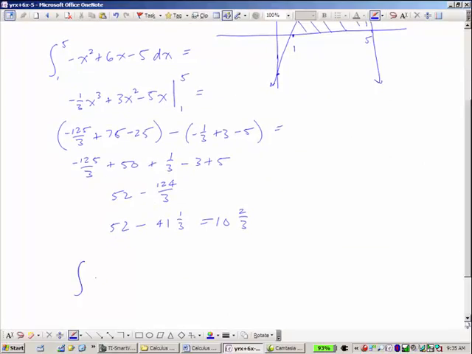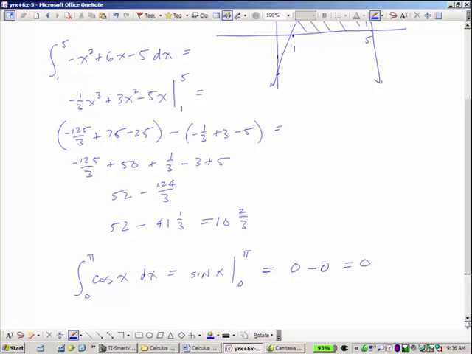If I were to do that definite integral, the antiderivative of cosine is sine, and evaluate it between 0 and pi. Sorry, I did it backwards. The sine of pi is 0, and the sine of 0 is 0. So the answer would be 0.